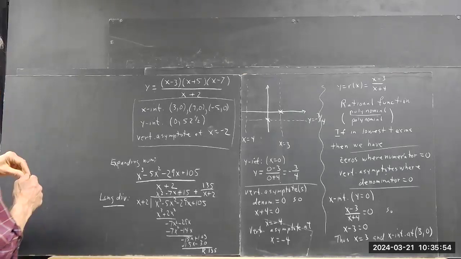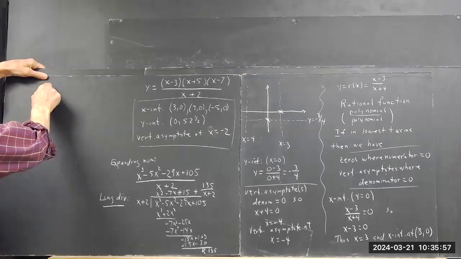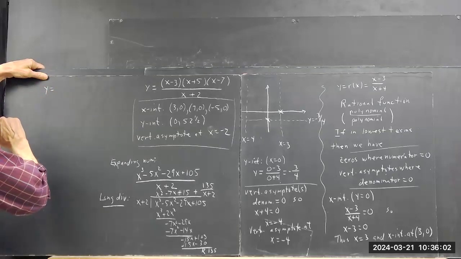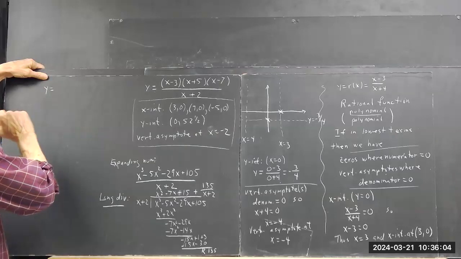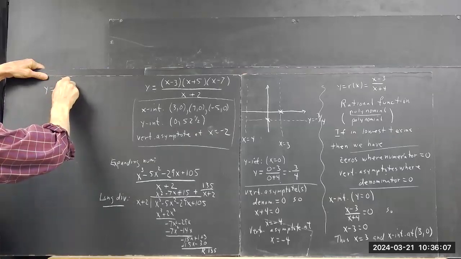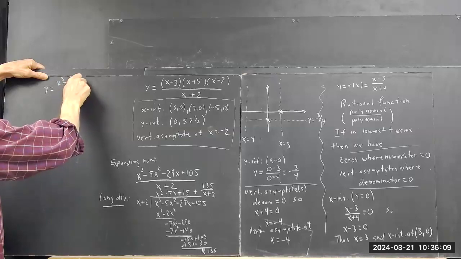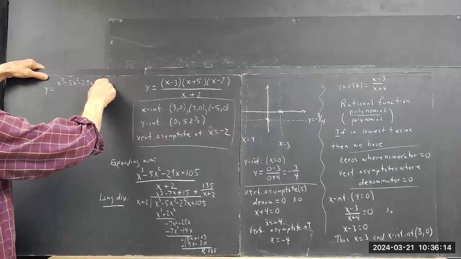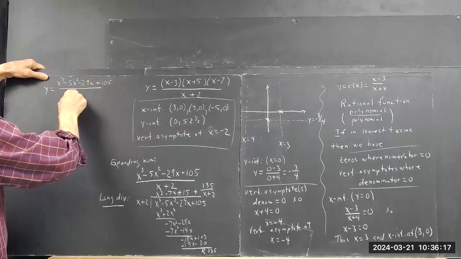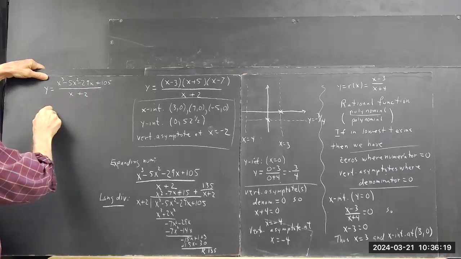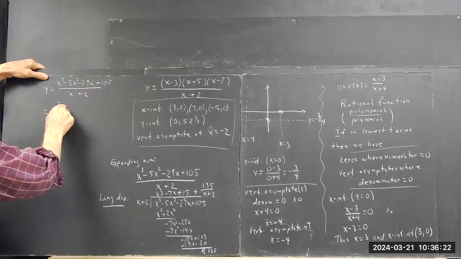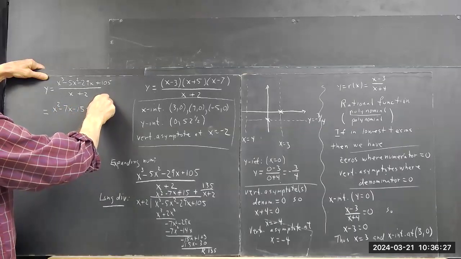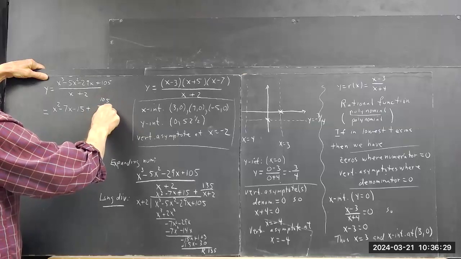So now I can write y equals x cubed minus 5x squared minus 29x plus 105 divided by x plus 2, and that equals x squared minus 7x minus 15 plus 135 over x plus 2.